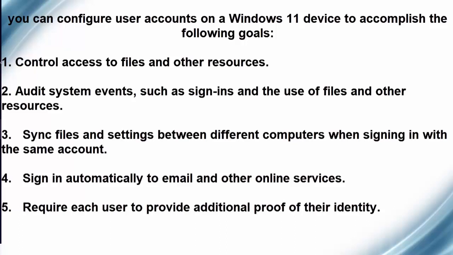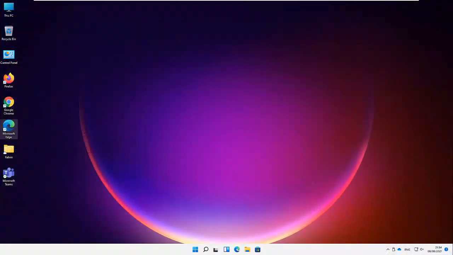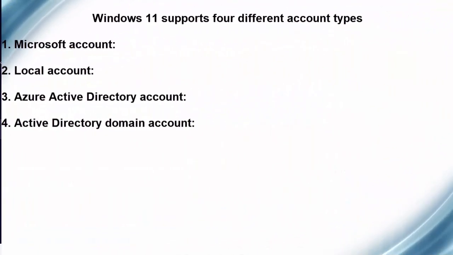Now when you configure Windows 11 for the first time on a new computer or device, or you did a clean installation of Windows 11, the setup program creates a profile for one user account, which is an administrator account. An administrator account is one that has full control over the computer.